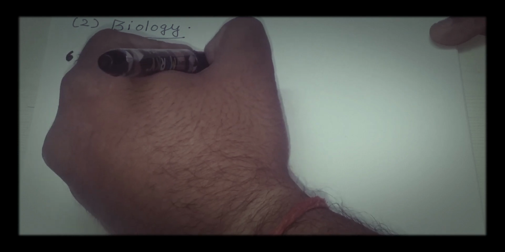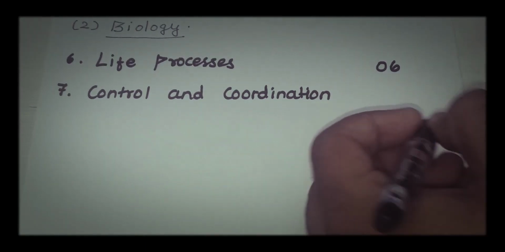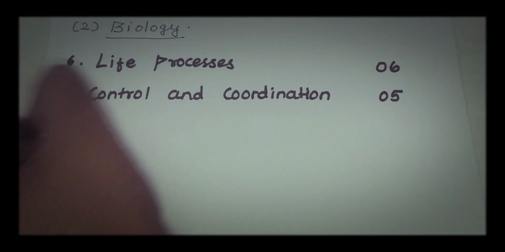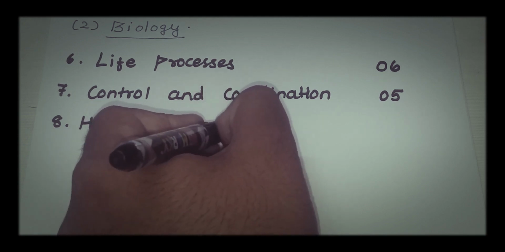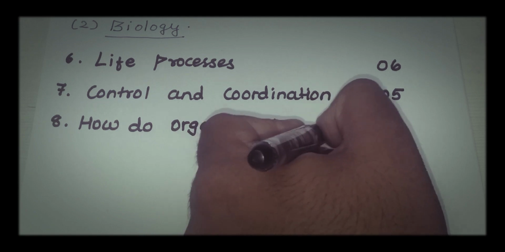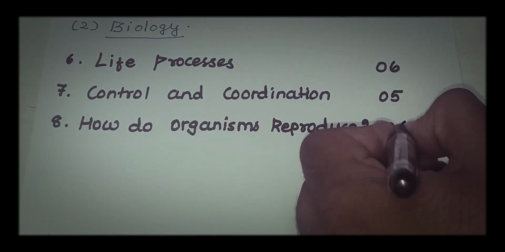In biology, the sixth chapter is life processes, and the weightage of this chapter is 6 marks. Then the seventh chapter is control and coordination, and the weightage of this chapter is 5 marks. Then the eighth chapter is how do organisms reproduce, and the weightage of this chapter is 6 marks.